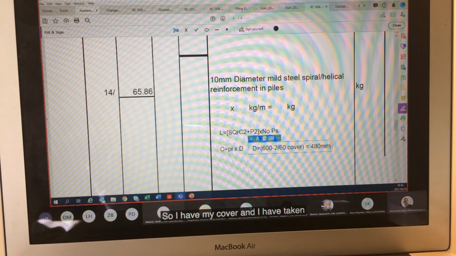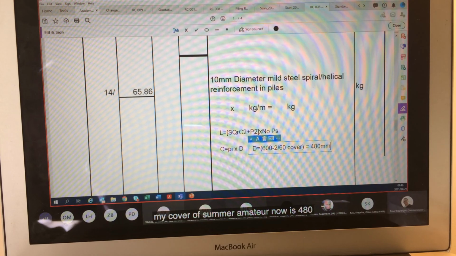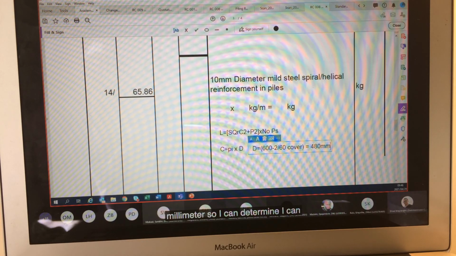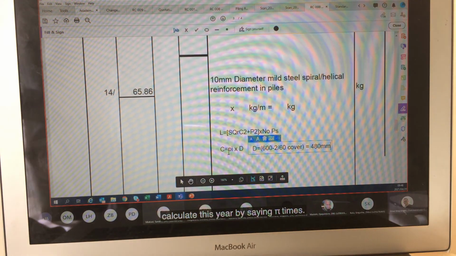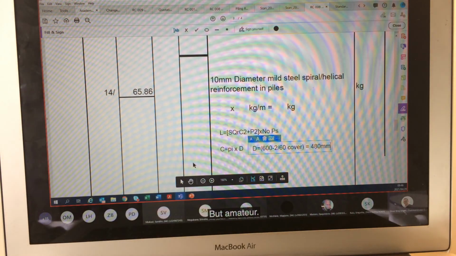So I have my cover and I have taken my cover off. So my diameter now is 480 millimeters. So I can calculate this by saying pi times my diameter.